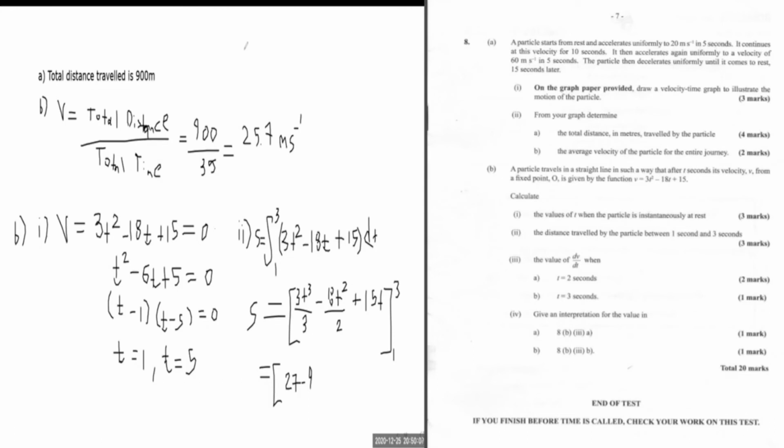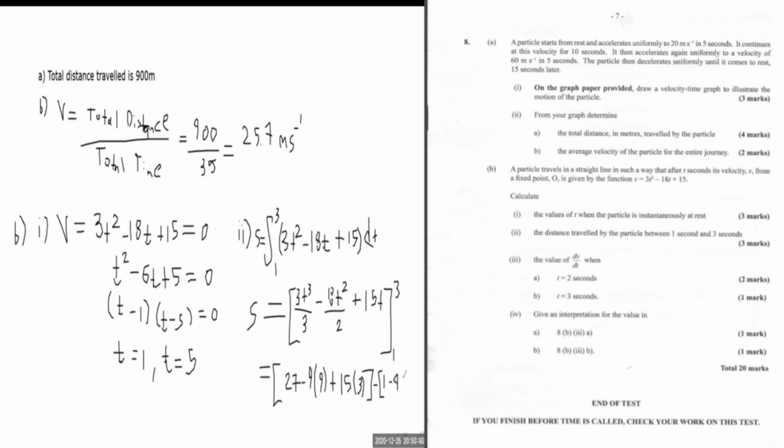My apologies, I forgot to multiply. 18 over 2 is 9, and 3 squared is also 9, so it's 27 minus 9 times 9, plus 15 times 3. Then of course we're subtracting when we plug in 1. 1 cubed is 1, minus, plugging in t as 1, 18 over 2 is 9, so minus 9.